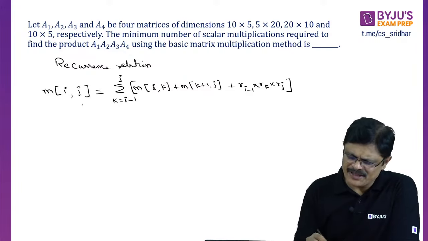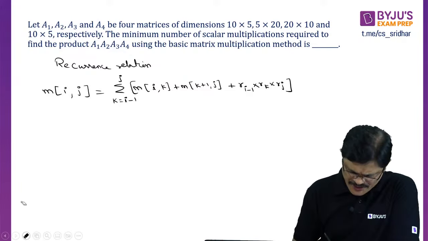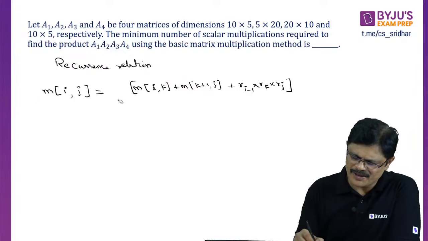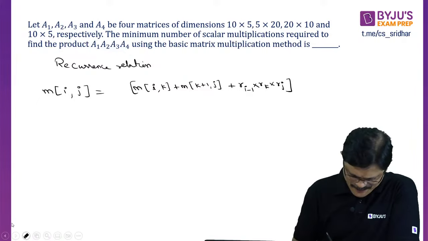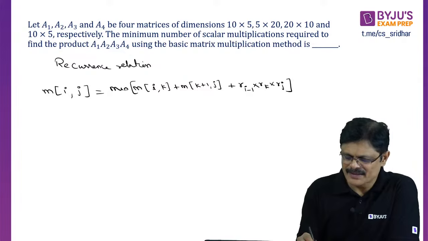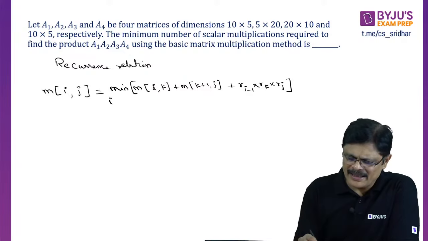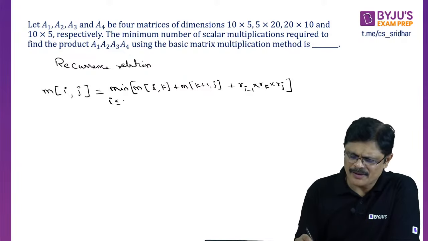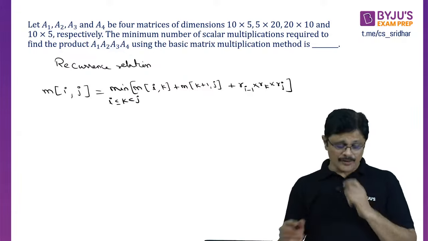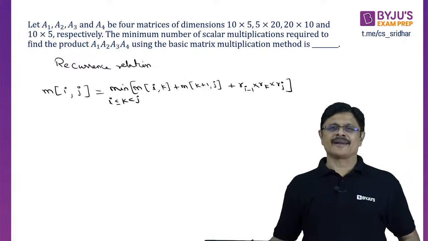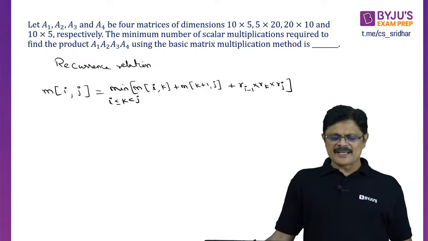And the minimum of these two. Sorry, it's not summation, it is minimum of these two. Minimum where i less than or equal to k less than j. Sorry for that. That is the recurrence relation.